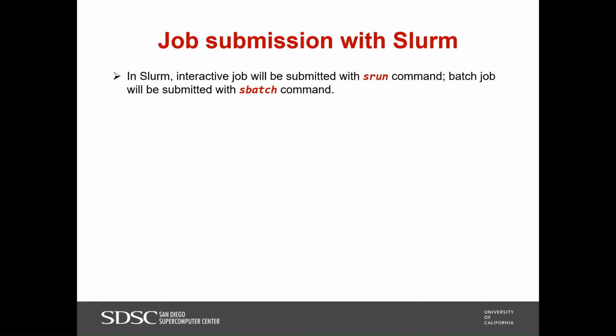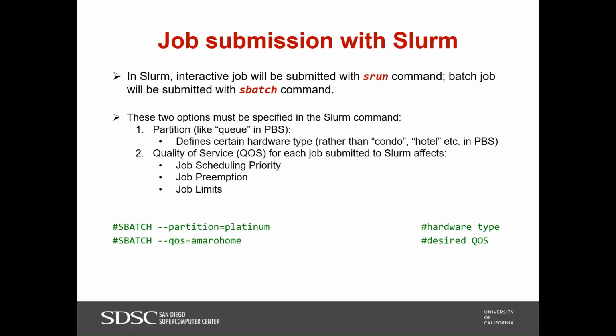You can still prepare your job script, of course in Slurm format, and then submit your batch job with sbatch and your job script. And what's special on TSCC is there are two options in the Slurm command that control how you would like to submit your job. The first option is called partition.